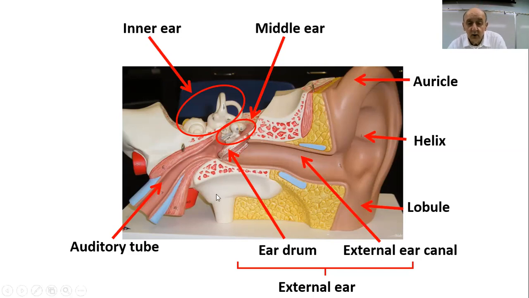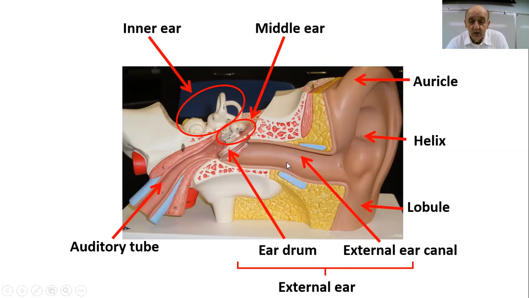In the cochlea, those hearing receptors will have to be physically pushed to create a nerve impulse. Where is that force going to come from? Well, that force originates from sound waves in the air.